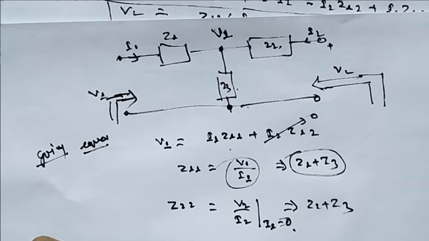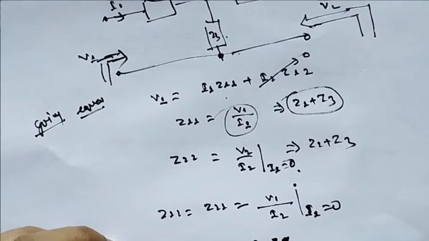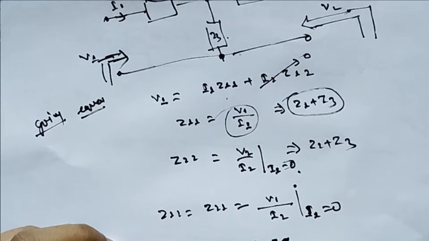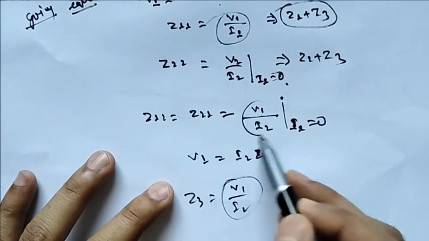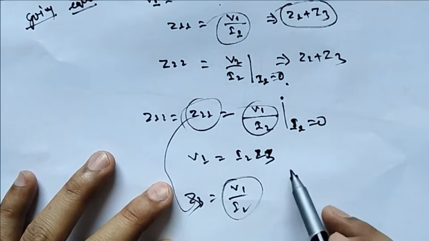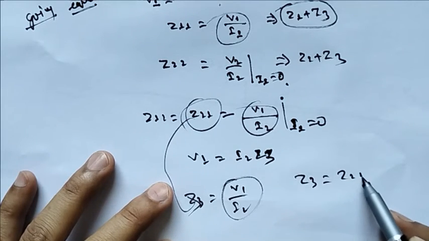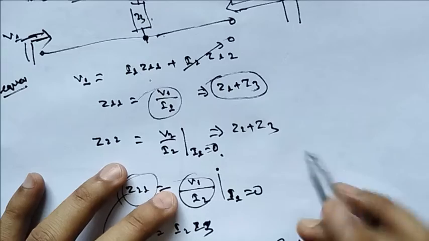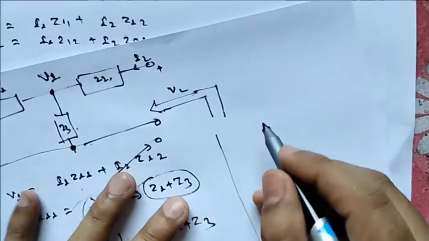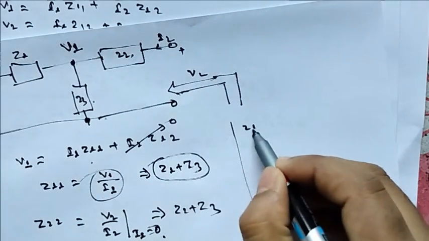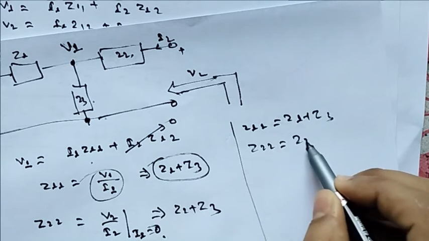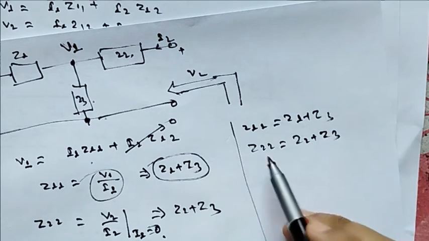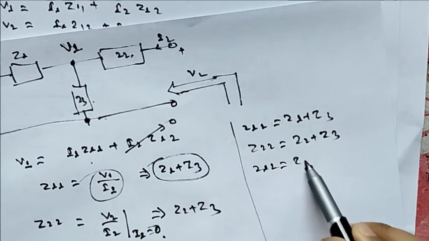So Z3 is equal to V1 by I2, which is nothing but your Z21. So Z3 is our Z21 or Z12. So we have seen that Z11 is Z1 plus Z3, Z22 is Z2 plus Z3, and Z12 or Z21 is equal to Z3.